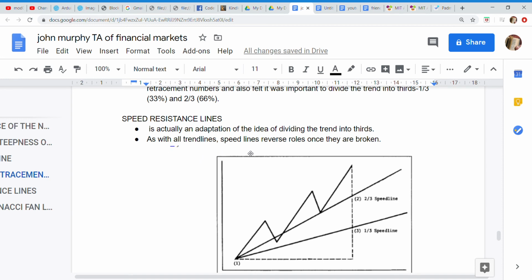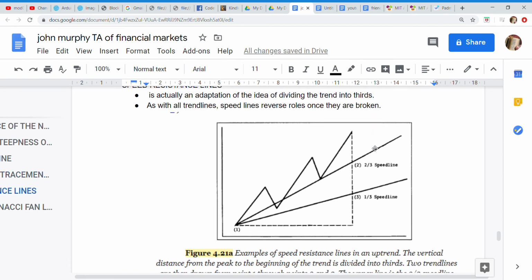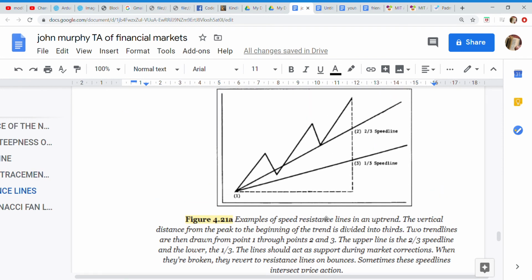As with trend lines, speed lines reverse roles once they are broken. Example of the speed resistance line in an uptrend: the vertical distance from the peak to the beginning of the trend is divided into thirds.